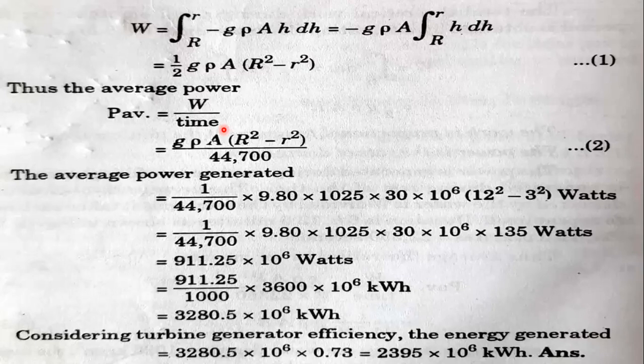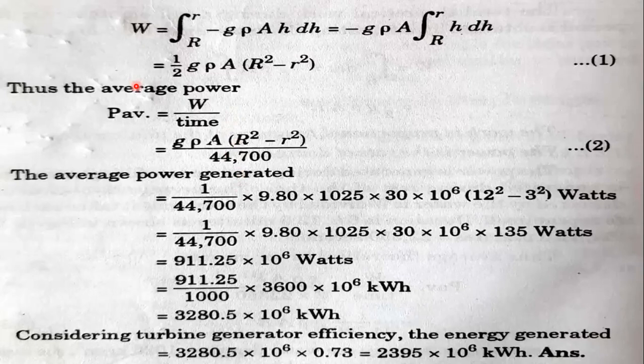Here the time is taken from the previous sum, where we calculated the constant time 22,350. We are calculating for 6 hours 12.5 minutes.